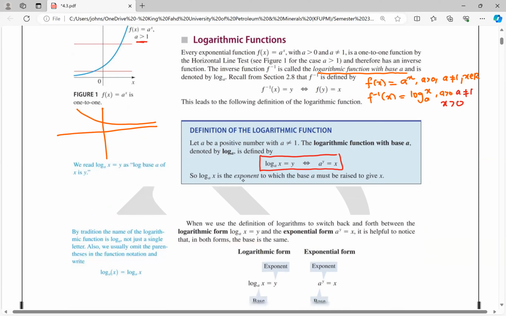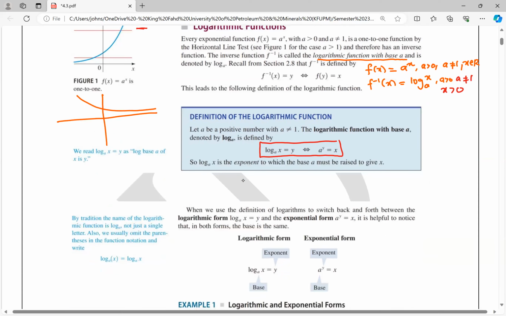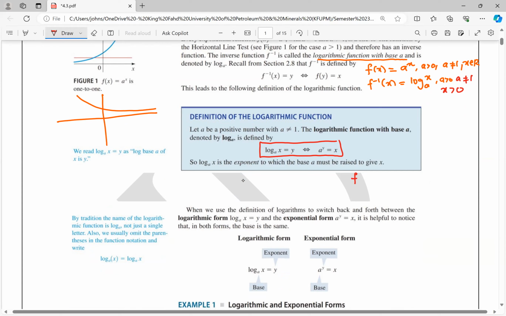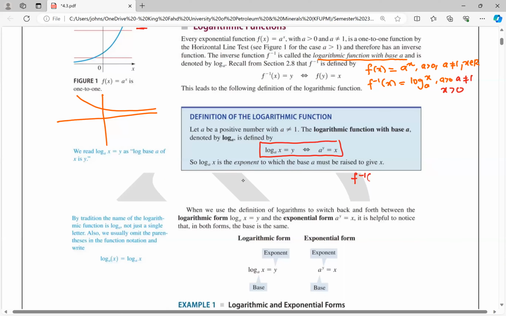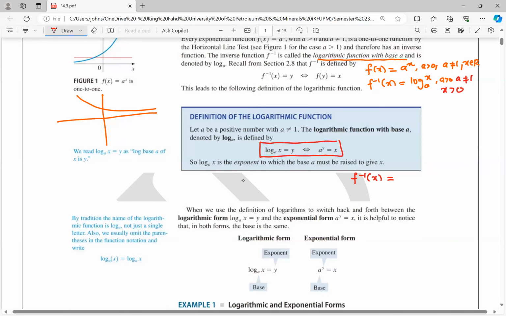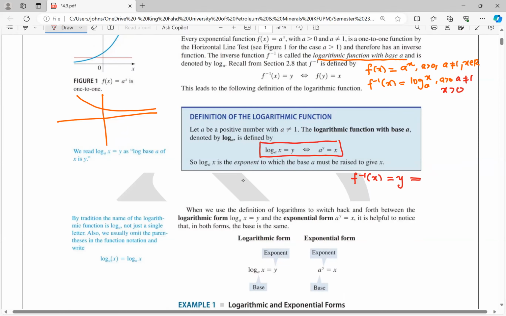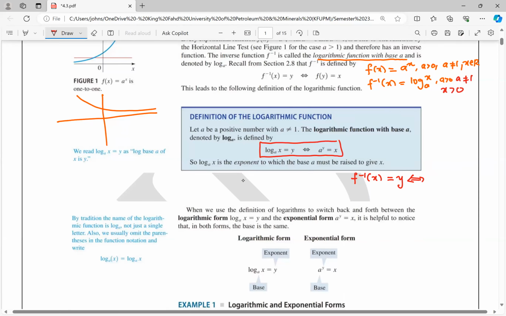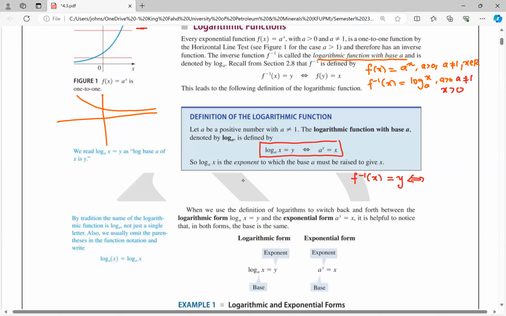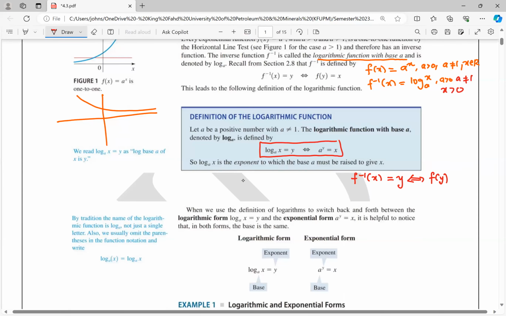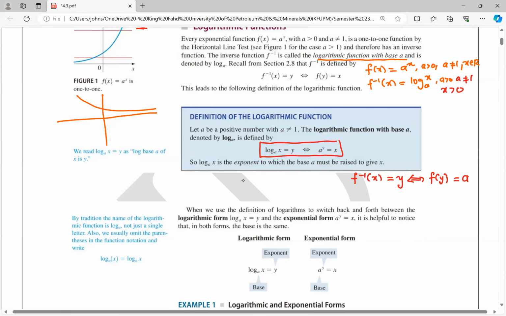And this simply comes from where? If you remember, we said if you have f inverse, if I have f inverse of x equal to y, what is the meaning of this? Based on 2.8, you can see that this simply means that f of y is equal to x, right?